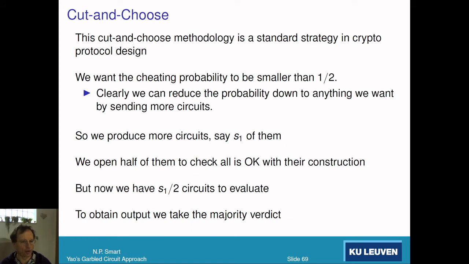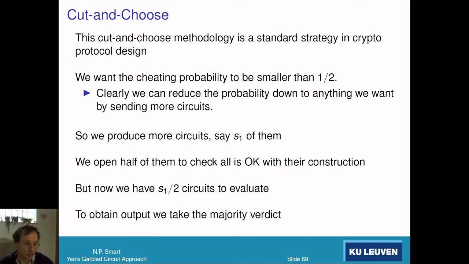This is a standard strategy in cryptography, and we can reduce this cheating probability below 50% by producing a lot more circuits. What we do is, instead of producing 2 circuits, player 1 produces S1 circuits. Okay, and now player 2 says half of them he wants to open.